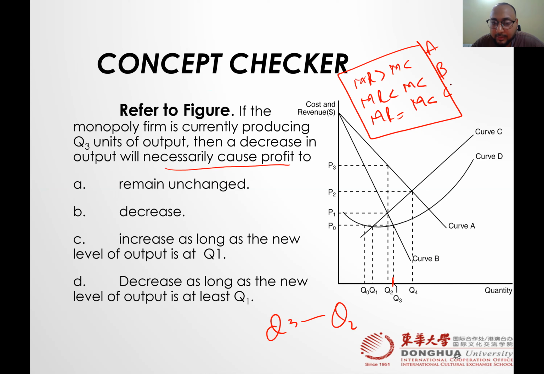Will profit increase or decrease? At C, profit would be maximized, right? Yeah. So above here, profit is decreasing. So when you come back here, profit will increase. Right? Yeah. Ignore all these. This is extra information right now. Okay, well done.